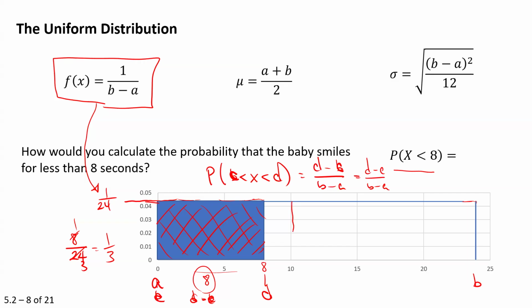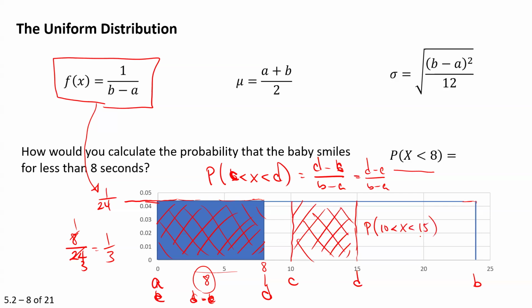So how do I find the probability that a baby smiles somewhere from 10 to 15 seconds? My A and my B are still the same, but my C and my D are here and here. So what's my probability that the baby's smile lasts somewhere between 10 and 15 seconds? Well, here's my formula.